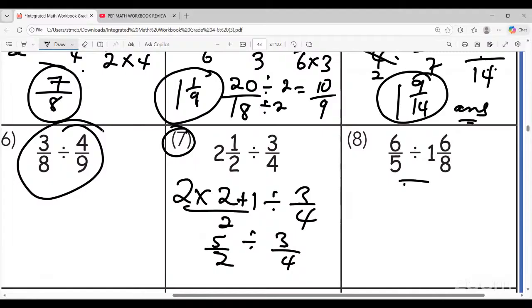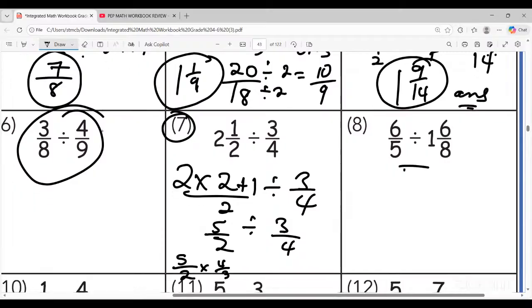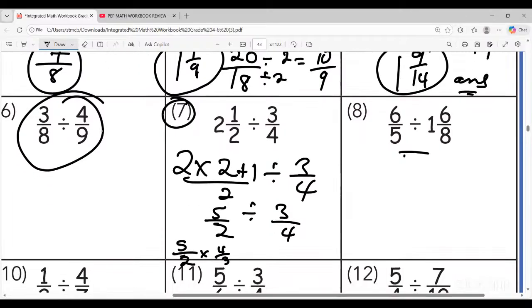So the keep change flip applies to this now. So 5 over 2 times 4 over 3. And then we have 5 times 2 is 10 over 3, or 3 and 1/3.